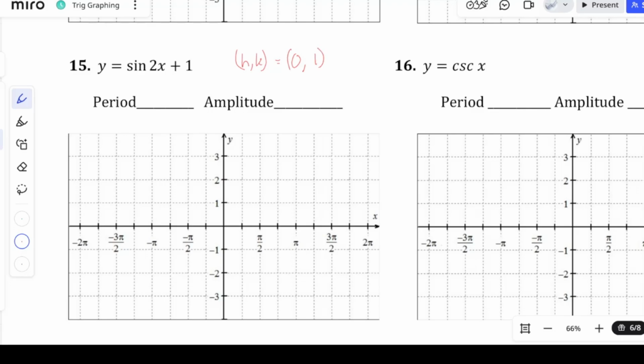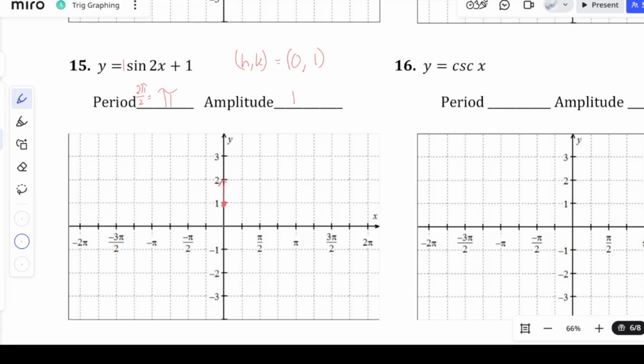Right, because this is plus 0. So the 1 is on the outside, the 0 is on the inside. I'll locate HK, 0, 1.